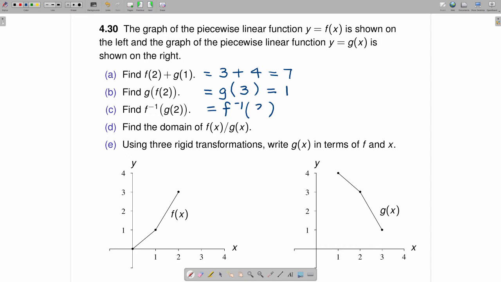So this is f inverse of 3. In order to find f inverse of 3, this time instead of going to the x-axis on the function f, we go to the y-axis and take 3 and reverse the process. Come across here and down, and we get 2 for f inverse of 3.